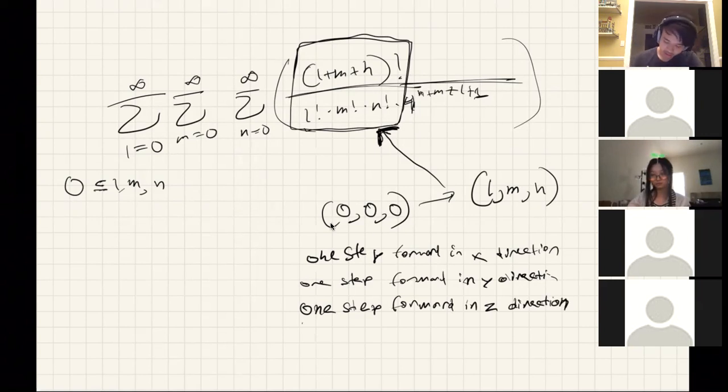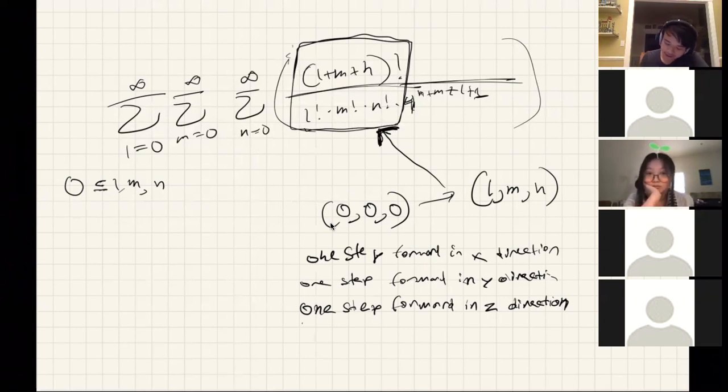So this quantity is the number of ways to choose a path from 0, 0, 0 to the point L, M, N in space, where the only steps you can take are one step forward in the x direction, adding 1 to the x coordinate, one step forward in the y direction, adding 1 to the y coordinate, or one step forward in the z direction, adding 1 to the z coordinate. So this is just 3D pathfinding.